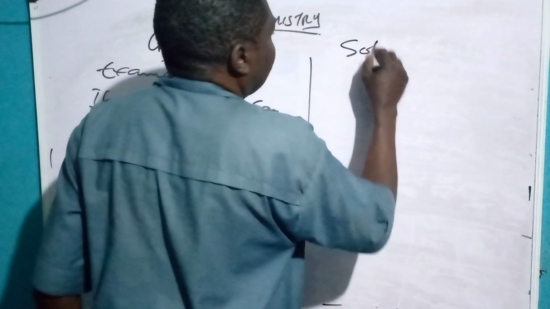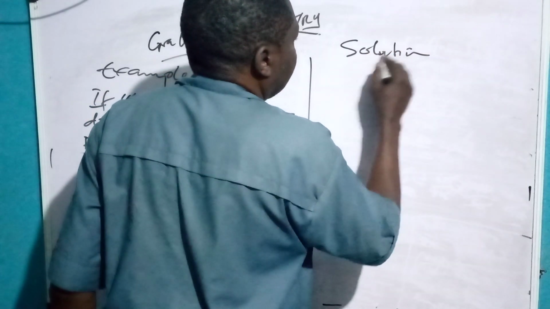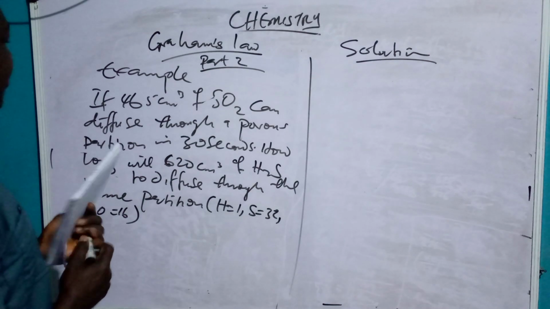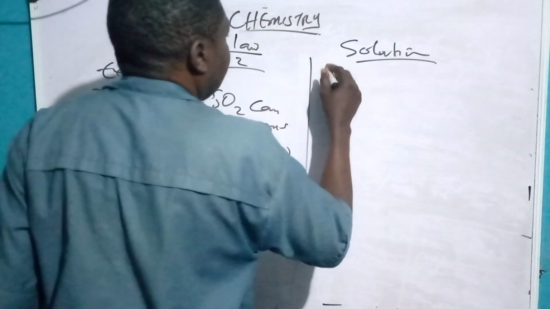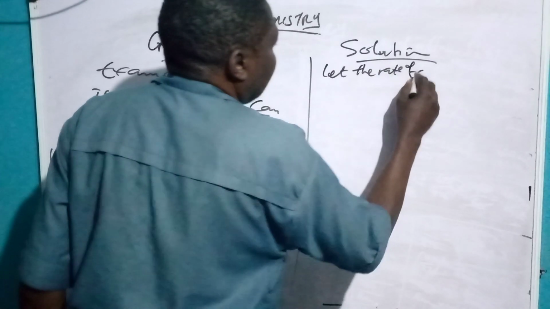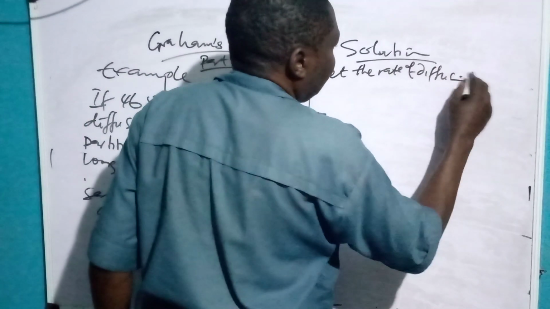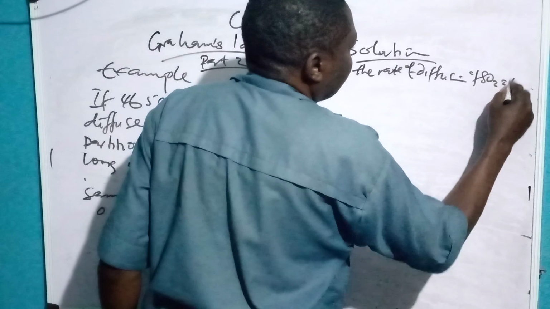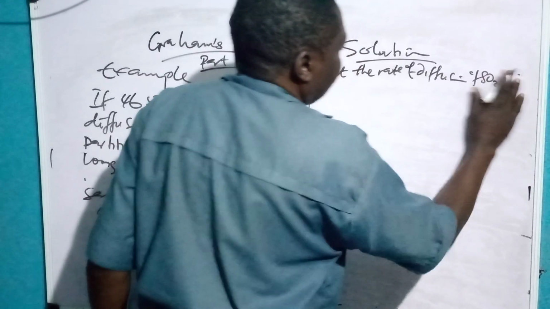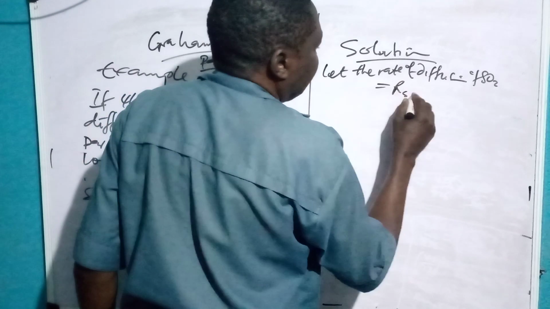Let's start with the solution. 465 cm³ of SO2 can diffuse. So let the rate of diffusion of SO2 equal R_SO2.